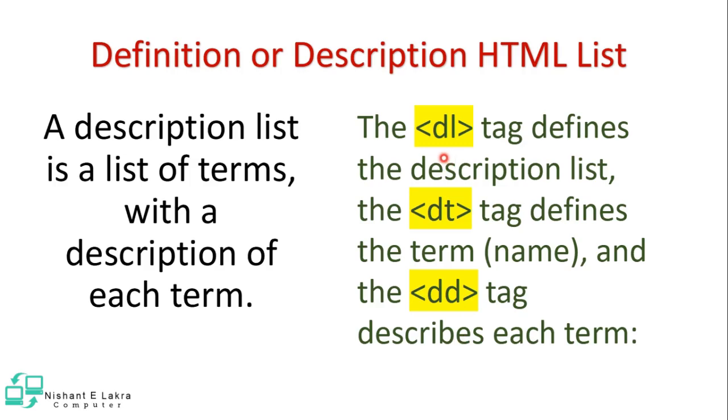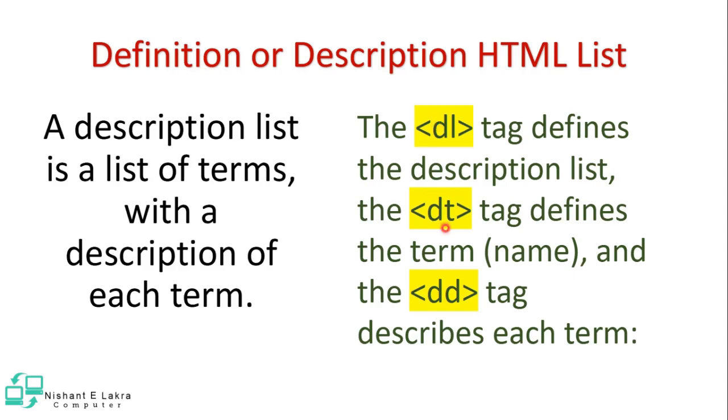So I will explain this once again. The DL tag defines the description list. The DT tag defines the term, that means the name. And the DD tag describes each term. The DL tag gives the definition of the description.